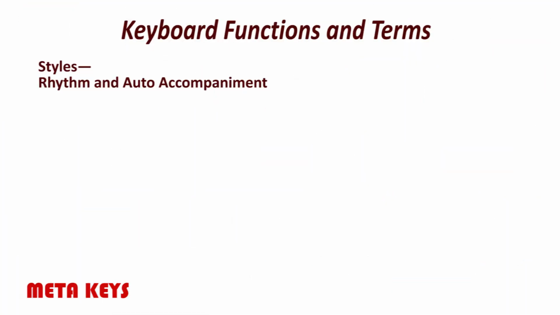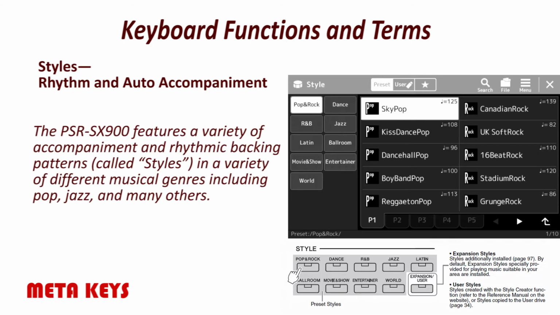At first, styles, rhythm and auto accompaniment. The PSR X900 features a variety of accompaniment and rhythmic backing patterns called styles, in a variety of different musical genres, including pop, jazz, and many others.